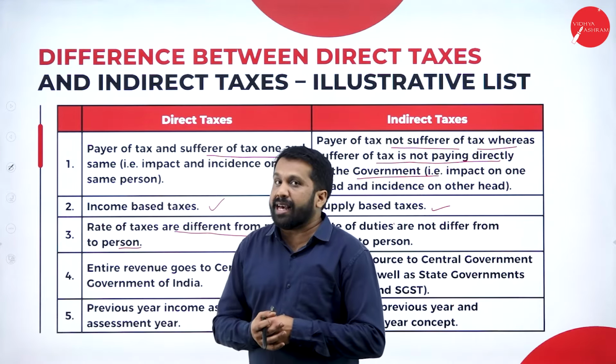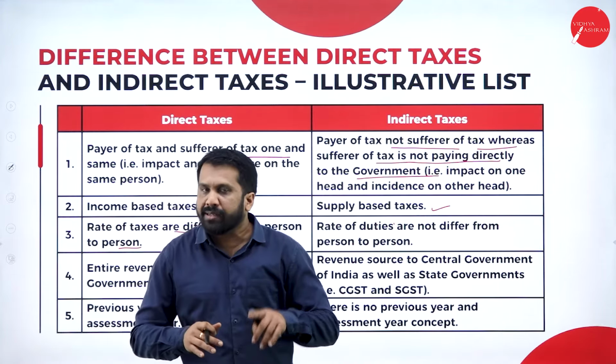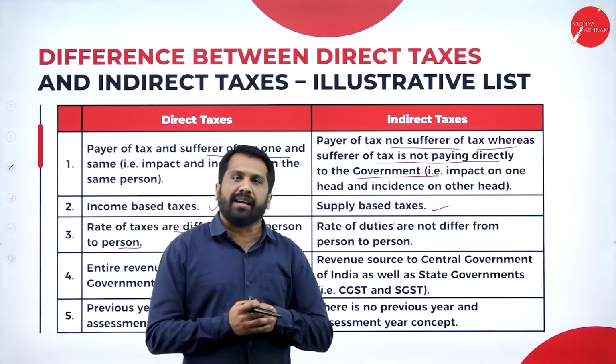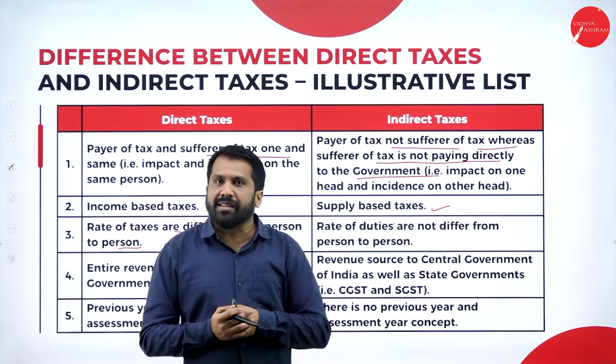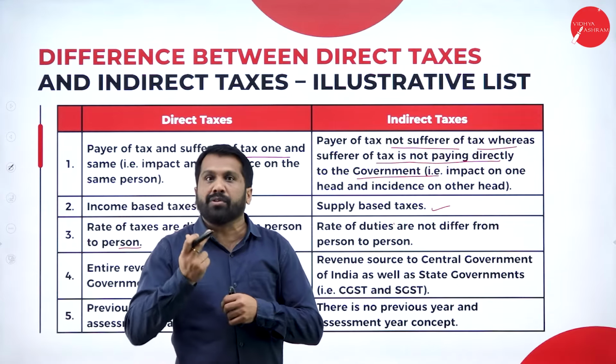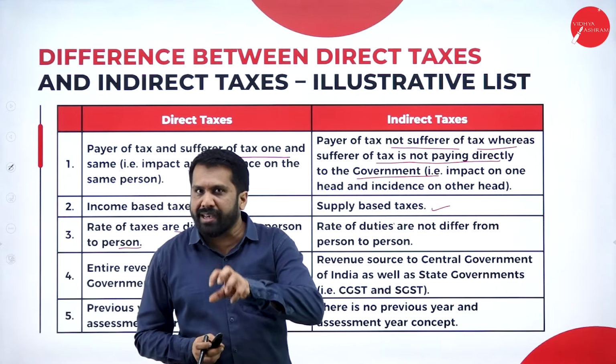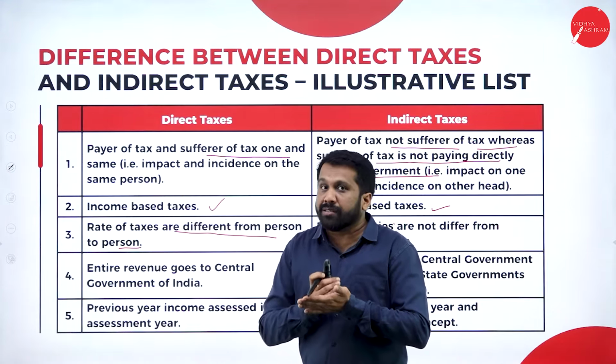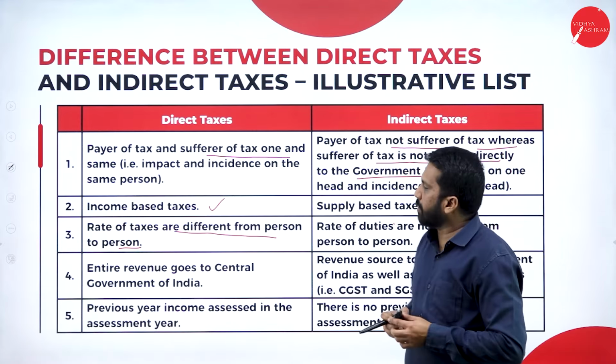Your salary is 5 lakh per annum, no need to pay tax. Another person's salary is 8 lakh per annum, he has to pay tax. Another person's salary is 30 lakh per annum, he has to pay more tax. Depends on your income, the tax rate and tax calculation differ based on your income.